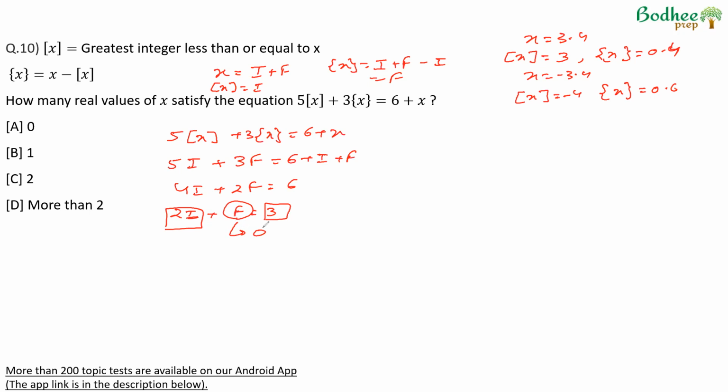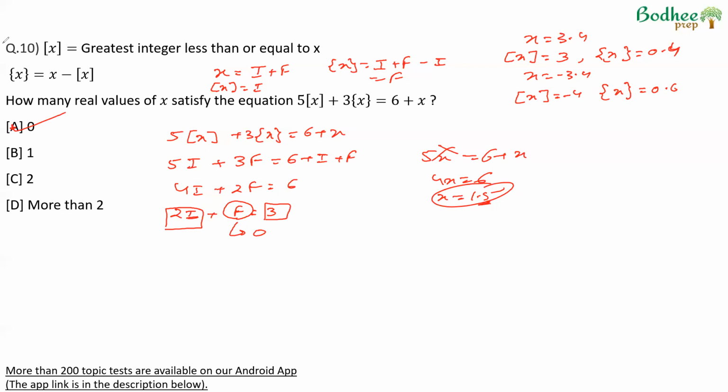So f has to be 0, which means 5 into the integral part of x is equal to 6 plus x, which means 4x is equal to 6, so x is equal to 1.5. Here the integral part is not 0, so this is also not a solution. Hence, no solution is possible, or 0 becomes my answer.